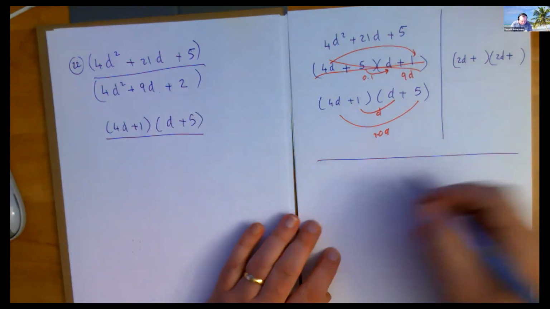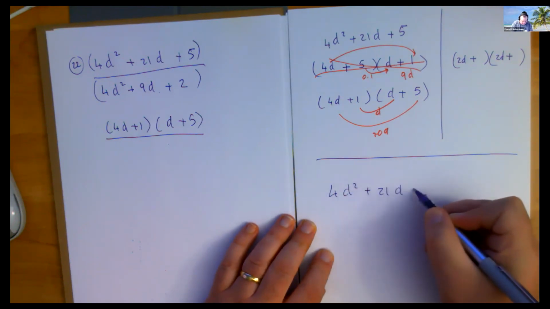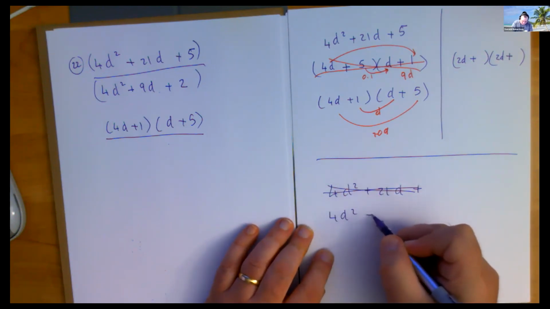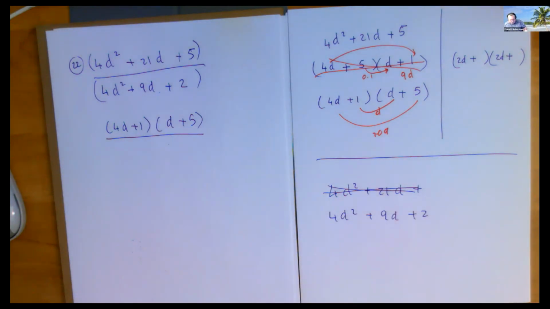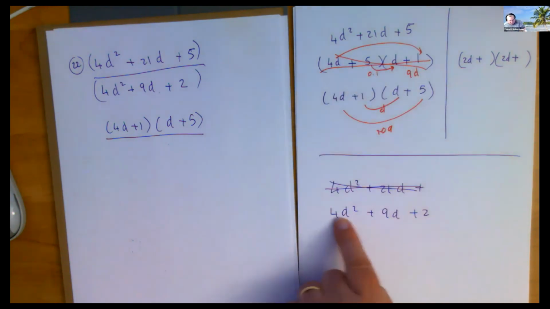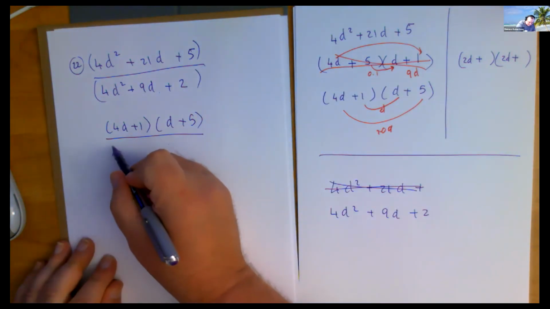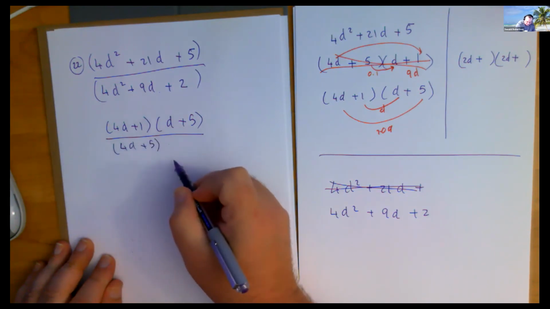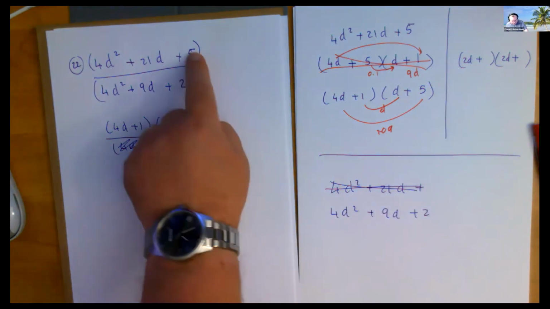Okay, let's focus now on the second one. 4d squared plus 9d plus 2. And I have just realized something. Isn't that one getting you 9d, and this one got me 9d? So I kind of got lucky there, because it's going to be 4d plus 5. Oh, no, it's not. I'm too busy scanning the wrong place.